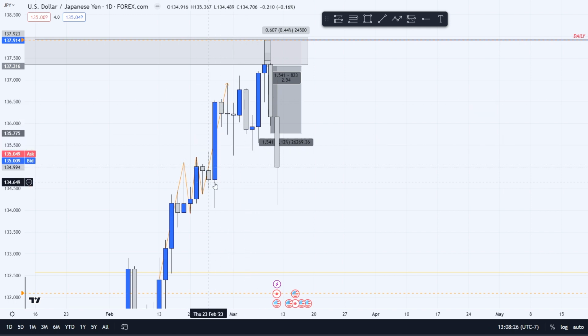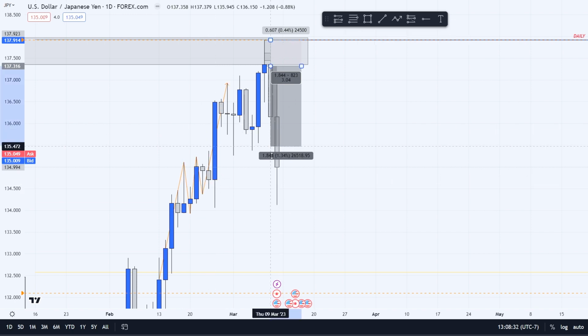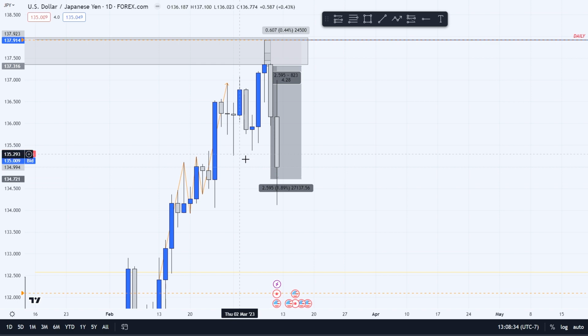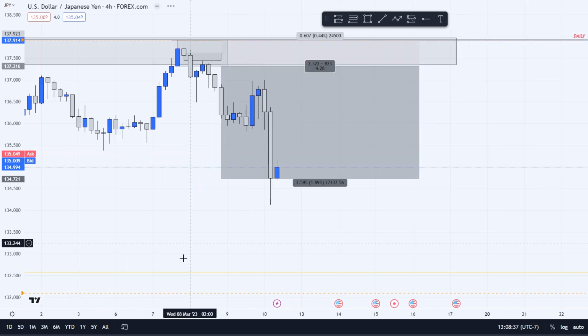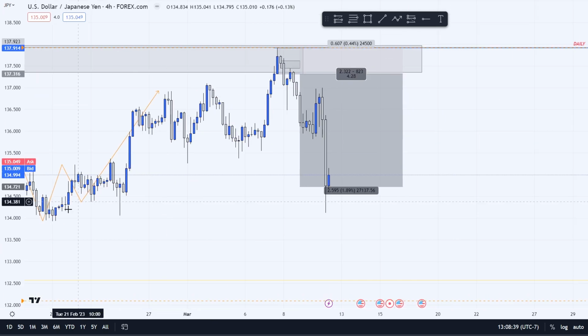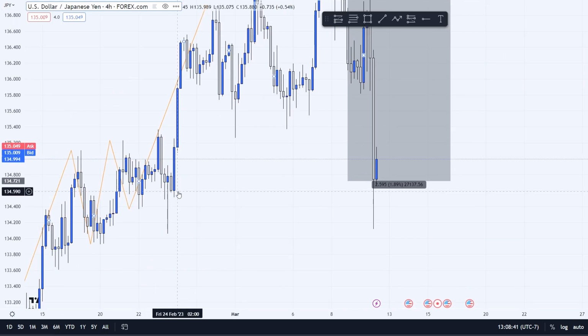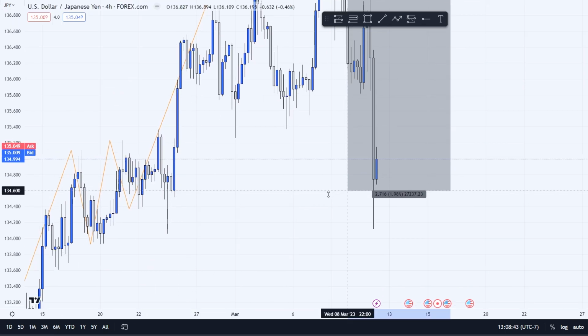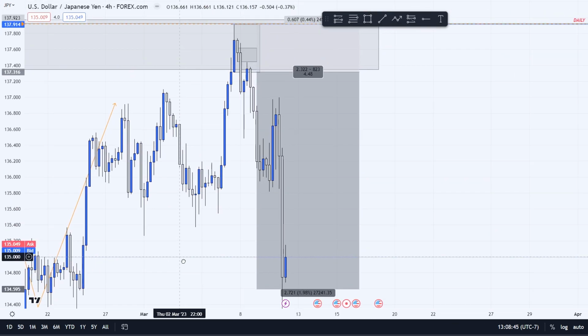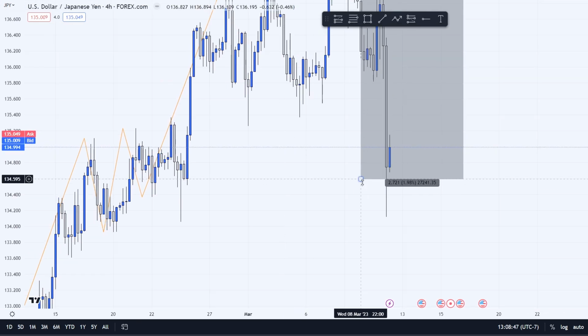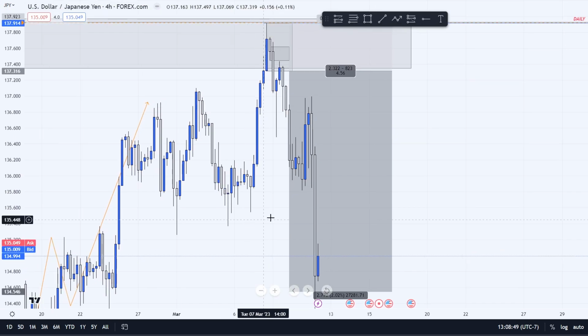Before this big push up, my other area to look at TPs is around here. So my take profits would have been somewhere around there. And let me get more precise on the 4 hour time frame. It would have probably been right at these lows, somewhere around there. So it's about 1 to 4, or close to 1 to 5.